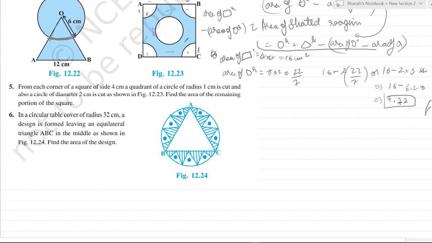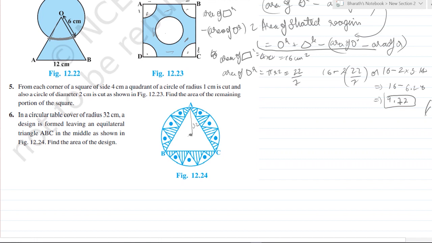And here, in a circular radius of 32 centimeter. So let's keep here. So radius we got 32 centimeter, and the design is from equilateral triangle ABC in the middle position, and the area of the design. Okay, so we have to find the area of the design, right?